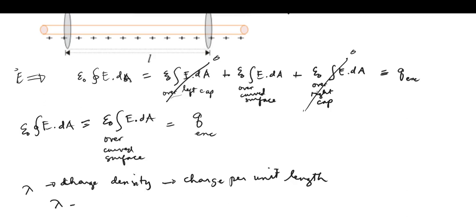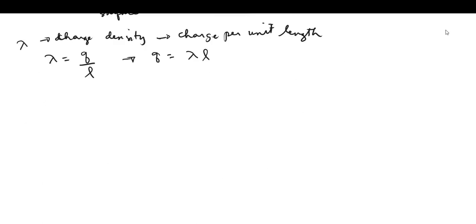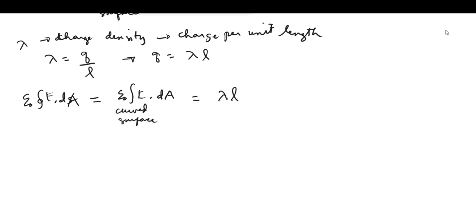So lambda is equal to charge per unit length, or Q is just equal to lambda L. Therefore, epsilon naught times the integral of E dot dA over the curved surface is equal to lambda L, or epsilon naught E integral dA cosine 0, since parallel, is just equal to lambda L.